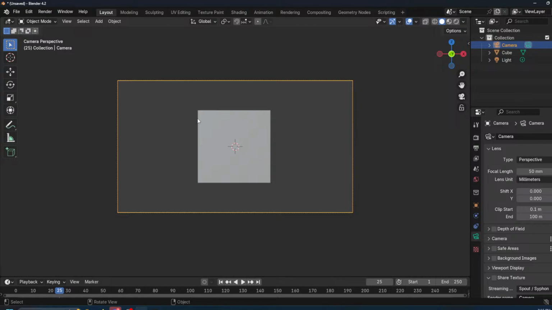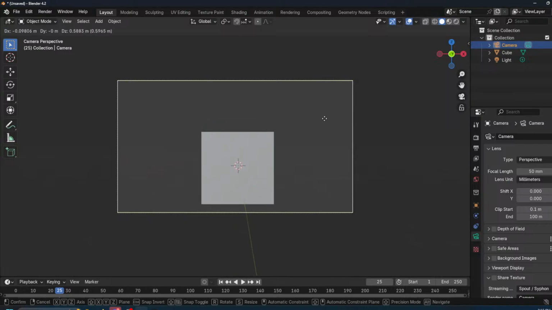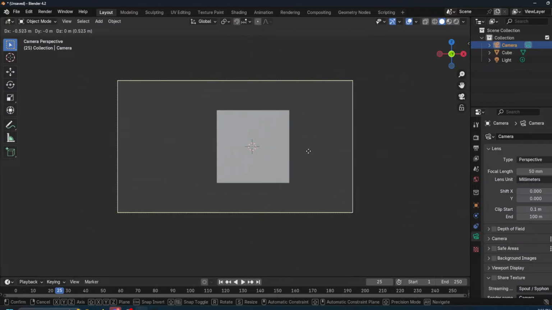And the thing I'm trying to point out is this is a square. You see that the corners are square; if you took a square to the square, you'll find that it's square. And when I start moving it, if I move the camera up, down, left, right, it's still square.